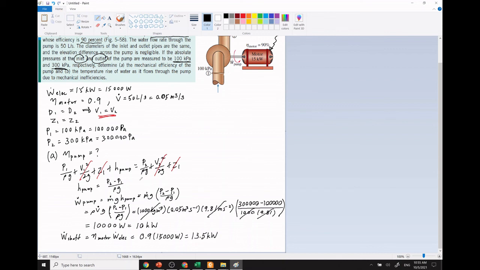So from there, we should be able to calculate the efficiency of the pump.